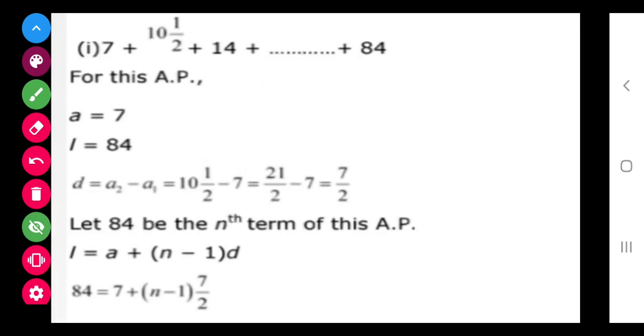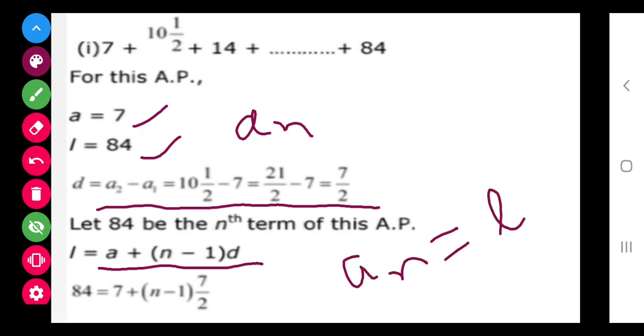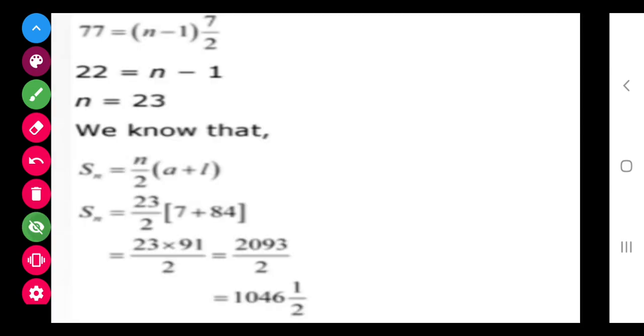See the solution. A is this, last term, that is an is equal to 84. D they have determined here, and they have put the formula of an. They have written L, but an and L is the same thing, so don't get confused by this. Now solving here, what they have got?